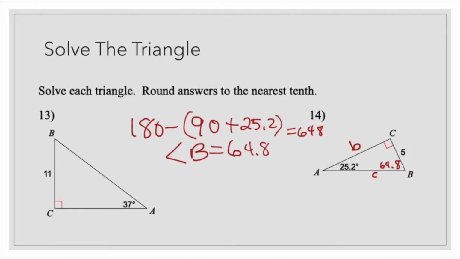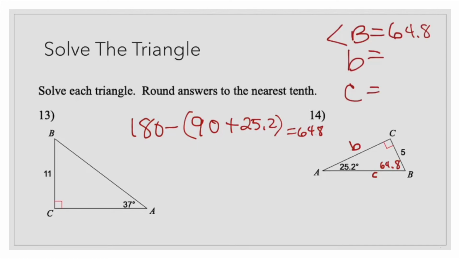We're also looking for side B and side C. Let's now move on to find side B. I'm going to use the 25.2. That's the opposite, and we're looking for the adjacent. So opposite and adjacent is tangent. We know that from our SOHCAHTOA from before.